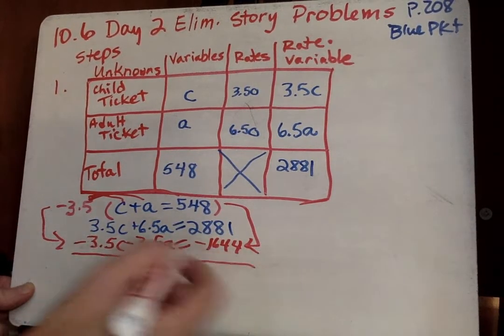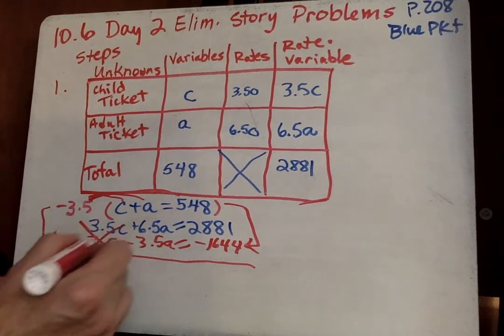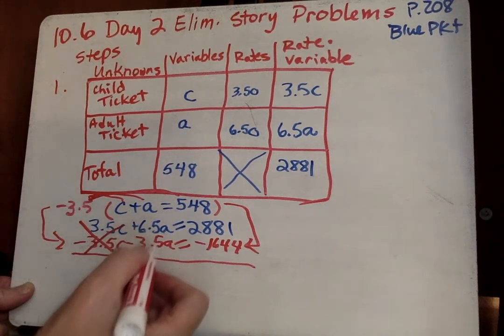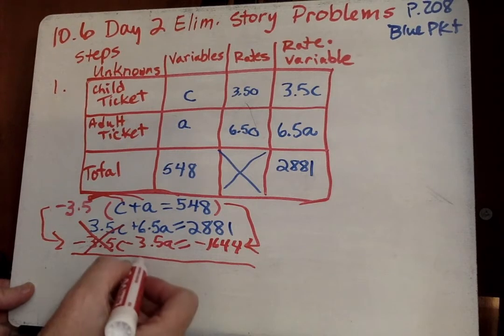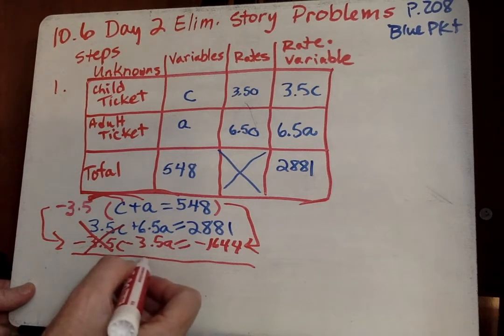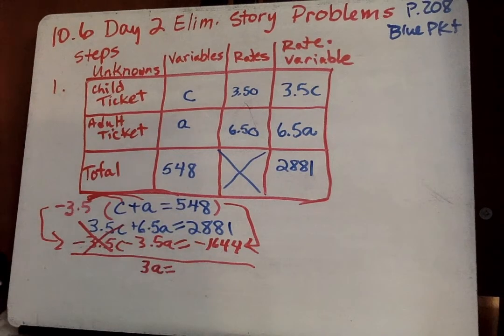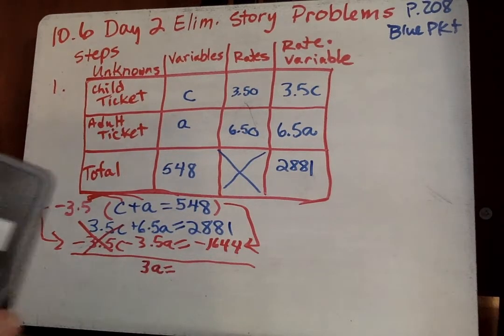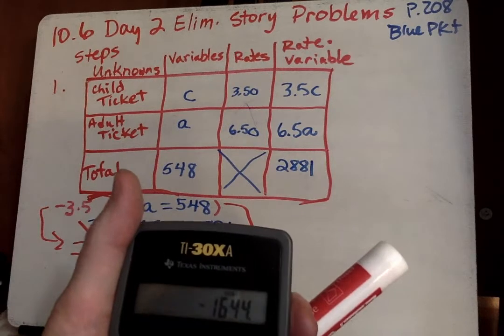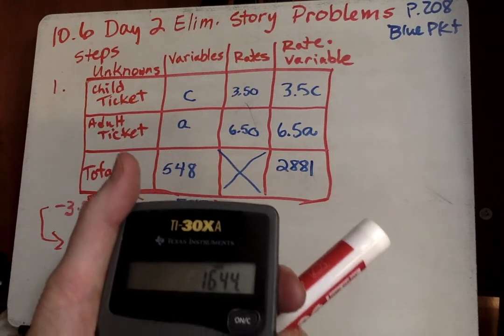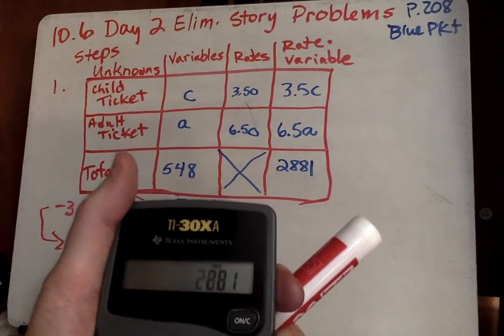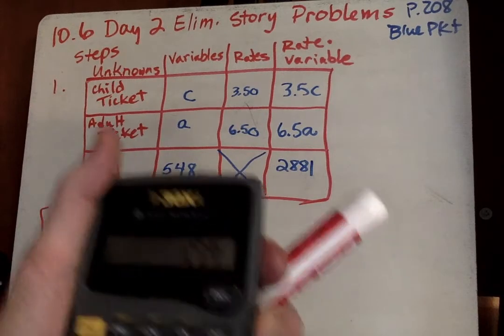Now I can combine it with this other one and get rid of the c's. So we go 6.5a minus 3.5a, and that should give me 3a equals, then I take 28.81. I already have negative 1644 on there, so I'm going to add 28.81. And it's 1237.